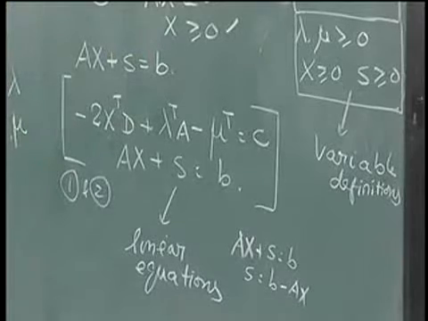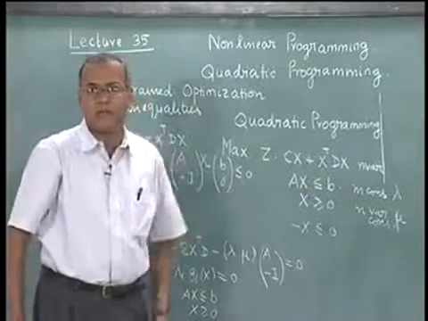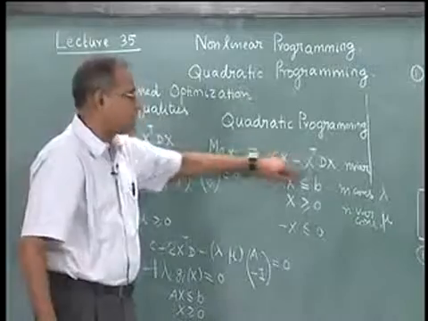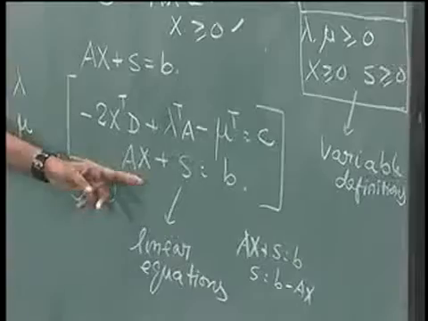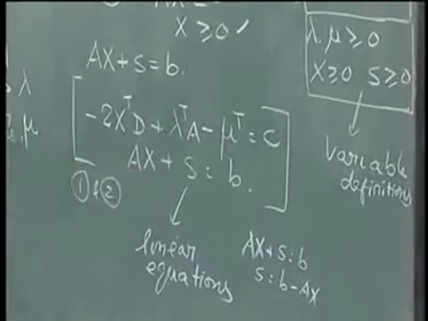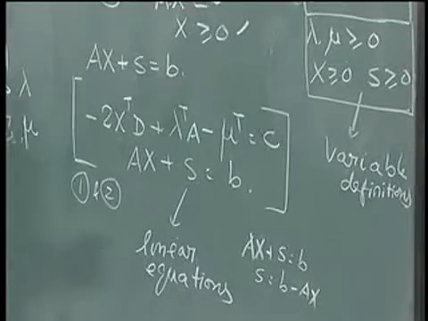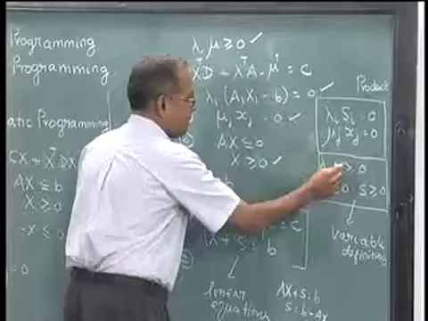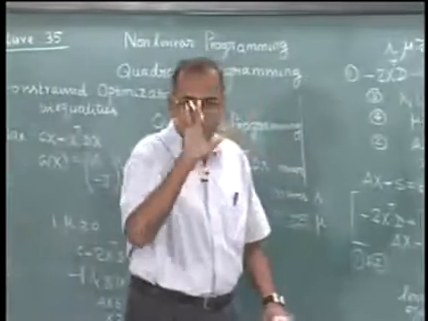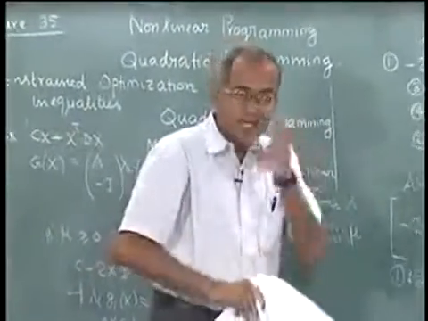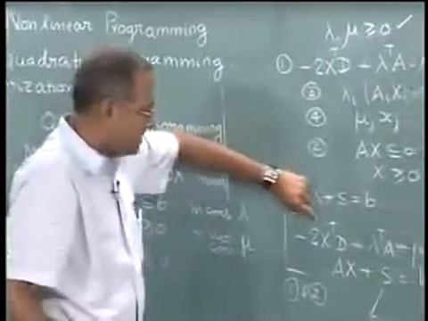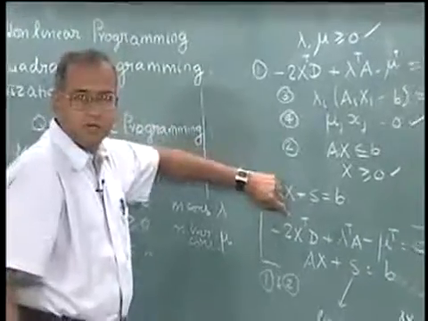Ax less than or equal to b represents a set of linear inequalities. Therefore, Ax plus s equal to b would represent a set of linear equations. So, all we need to do now is to solve for 1, 2, 3, 4, 5, 6, all these 6 things put together.